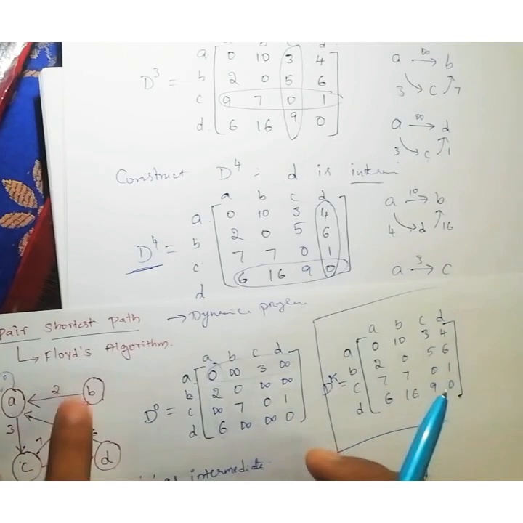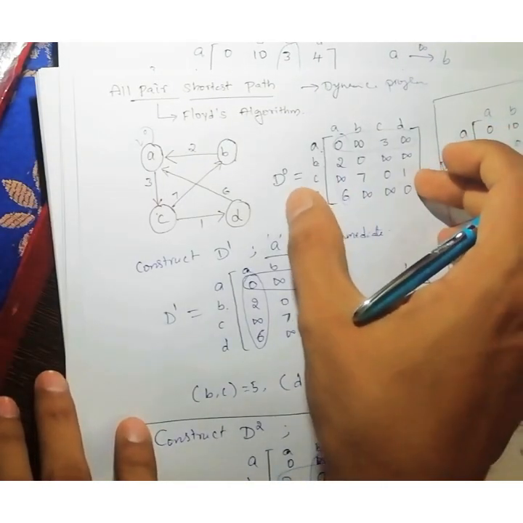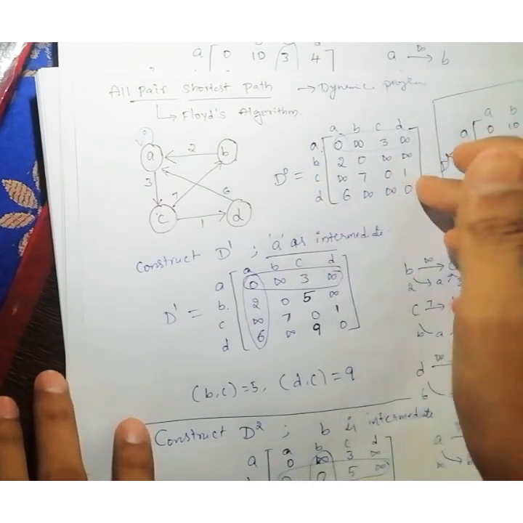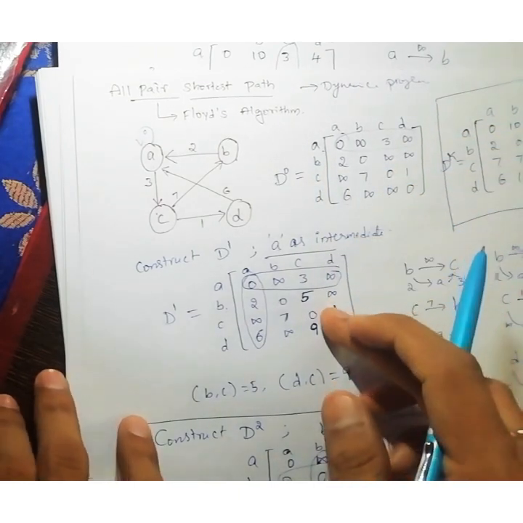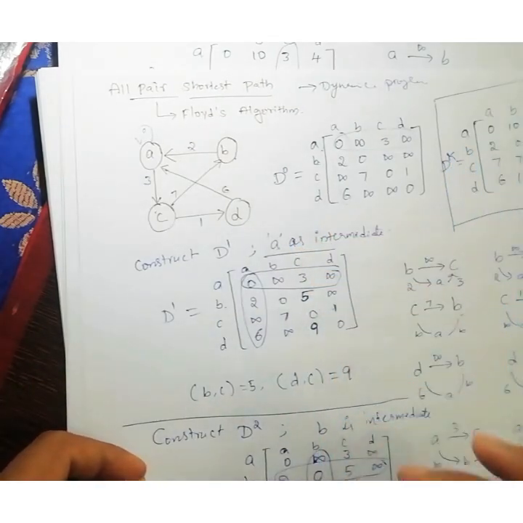So by using Floyd's algorithm, first we make the weighted adjacency matrix. From the adjacency matrix, we construct the next matrices by taking each vertex as an intermediate vertex.